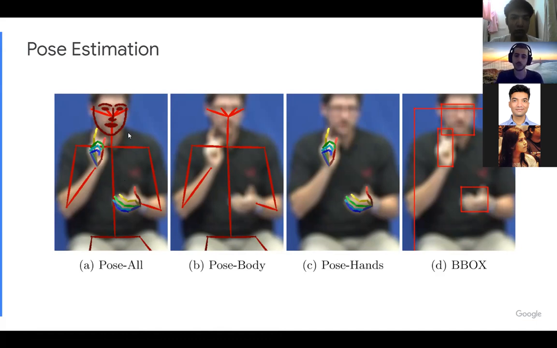Using them separately in an ensemble model could actually work quite nicely, especially by being robust to different types of mistakes. This is not something we tested, because we were under the impression that pose all includes everything, and we're just removing features from there. But it is a good question and worth exploring.